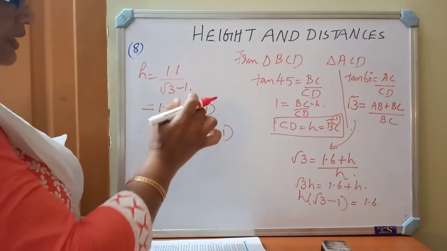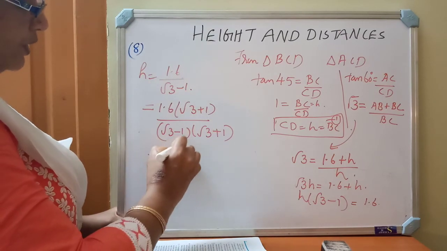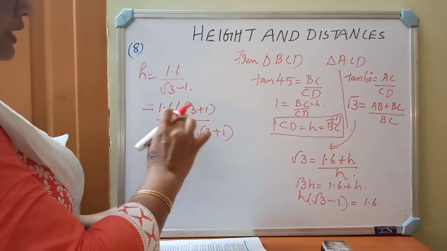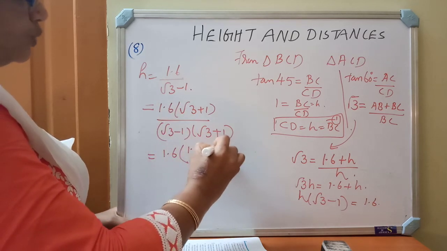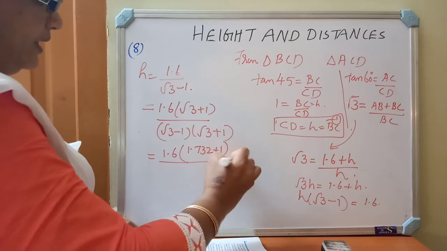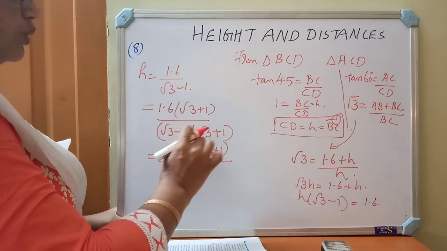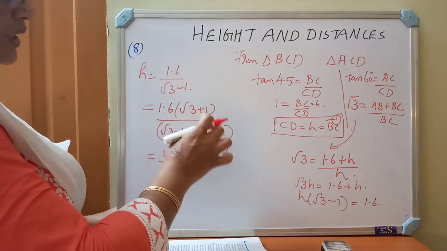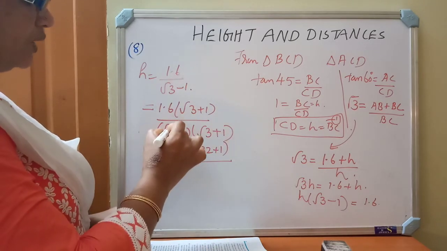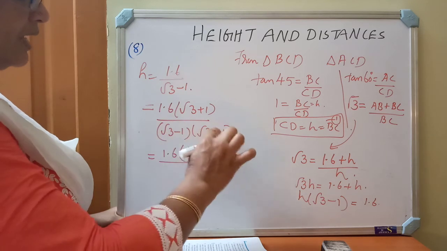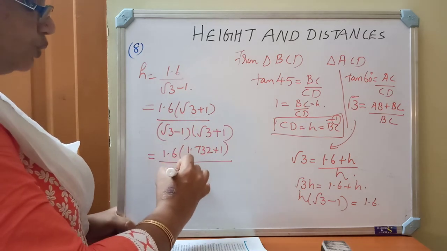The same pattern I am applying here. Root 3 is 1.732. Root 3 minus 1 into root 3 plus 1 is a minus b into a plus b, a squared minus b squared. So root 3 the whole squared is 3, 3 minus 1 that is 2.